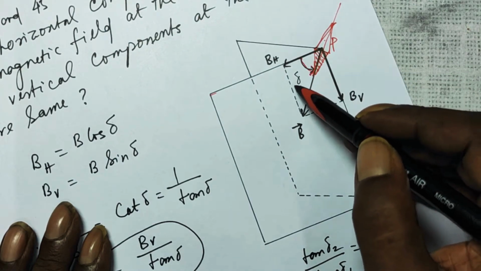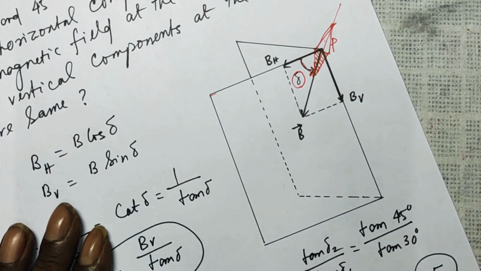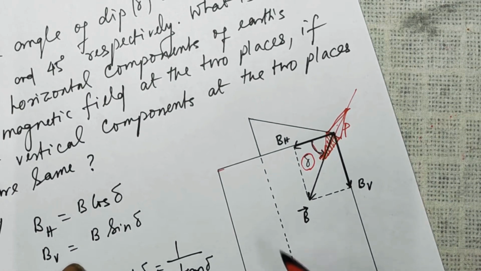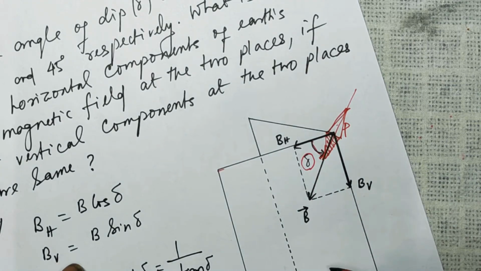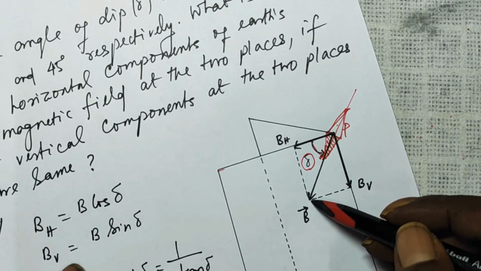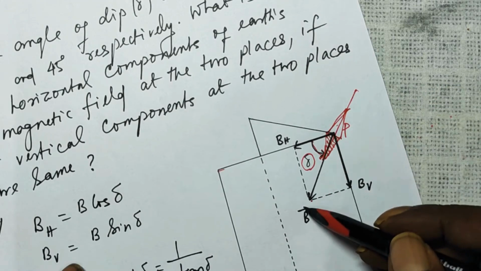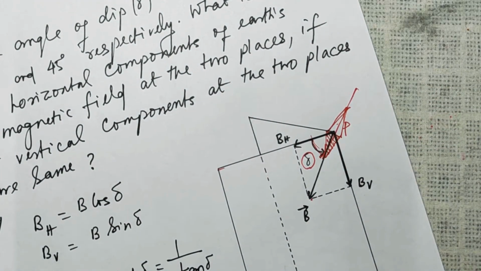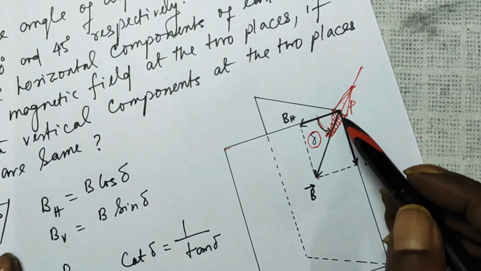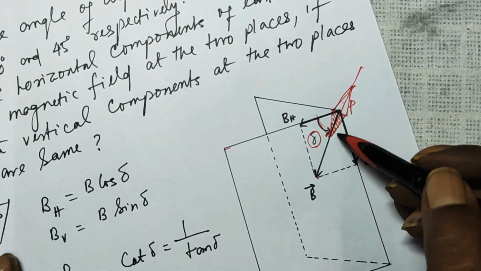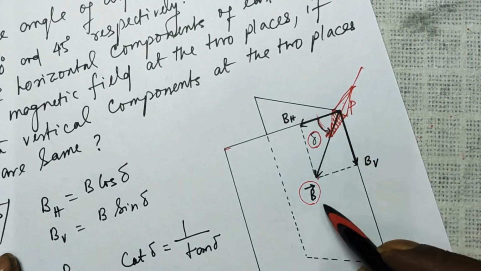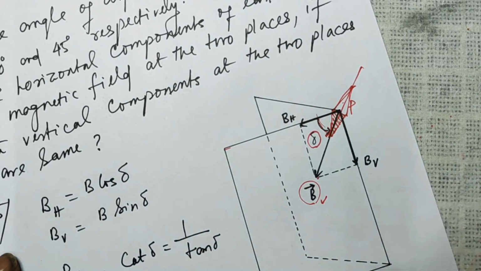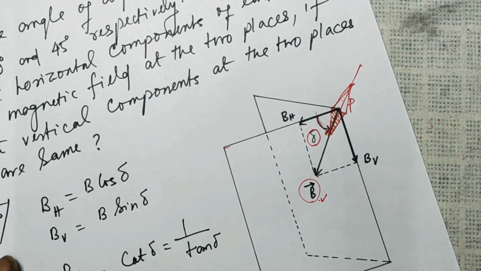By definition, dip is the angle that the horizontal line on the magnetic meridian makes with the net magnetic field, meaning the axis of the magnetic needle. That is delta. So if this is delta and this is the direction, because the north pole is pointing to this side, this is the horizontal component of B. This is the vertical component of net field B.